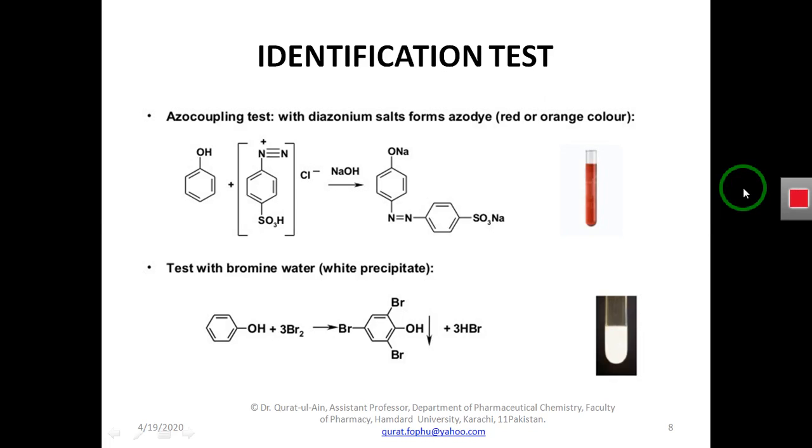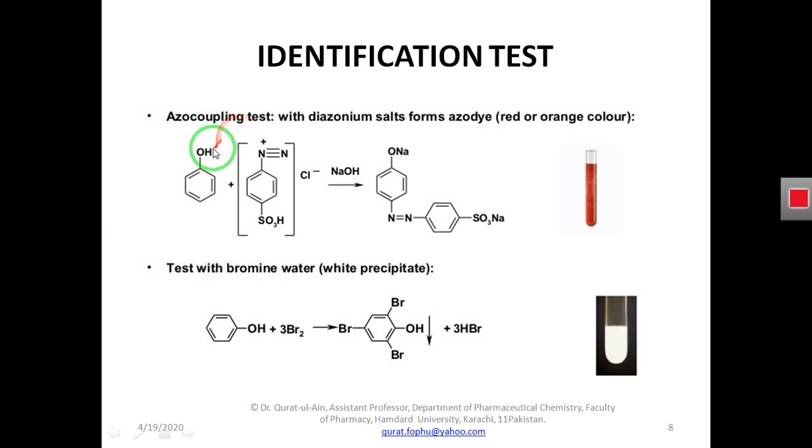Now, we will see how phenols can be identified in the laboratory. For the identification of phenols in the lab, we use two tests. One is the azo coupling test, and the other is a test based on the reaction of phenol with bromine water.